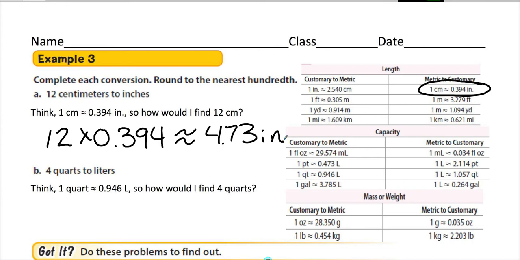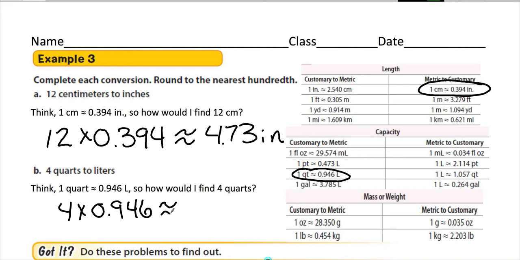Right here I see that there is 1 quart, which is 0.946 liters. If I know that 1 quart is that much, how am I going to figure out what 4 quarts is? We're going to multiply. So we're going to take our 4 and times it by the unit rate, which is 0.946.